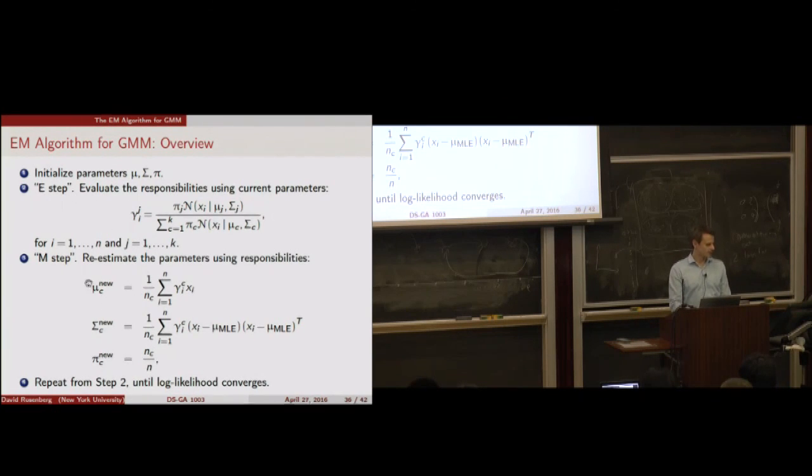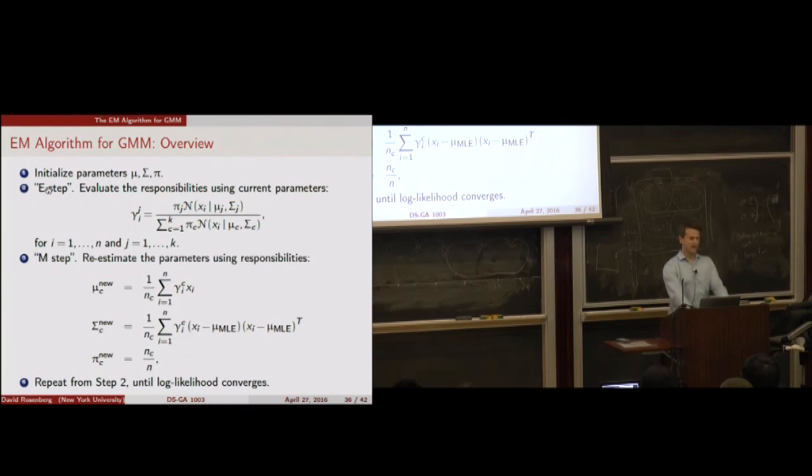So we have our parameter estimates, and then based on those new parameter estimates, we get our cluster responsibility assignments, and then we iterate until the log likelihood converges. What's the log likelihood? We can compute the log likelihood of our data given this setup, given the parameter values.